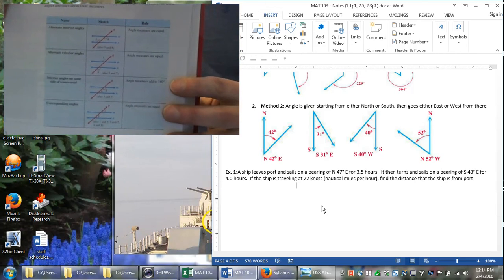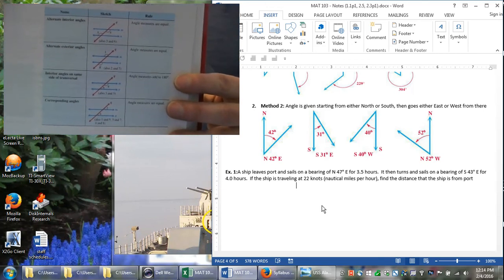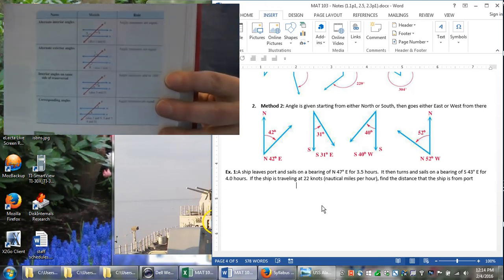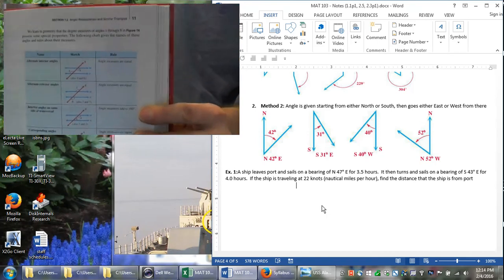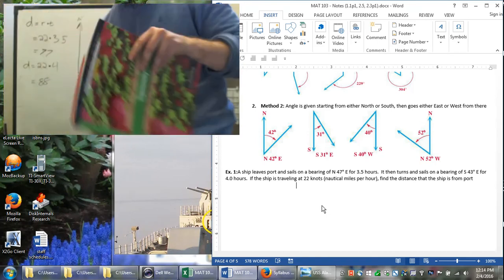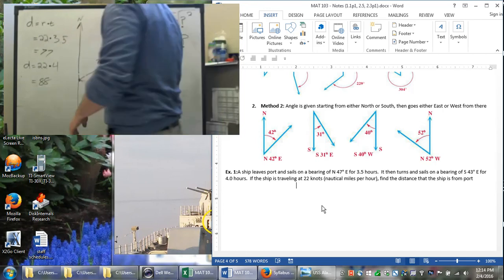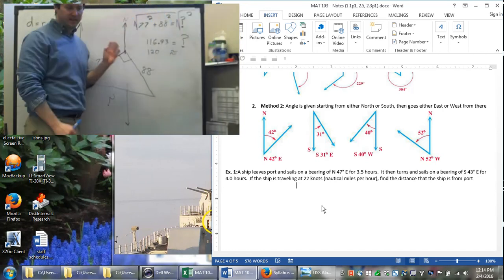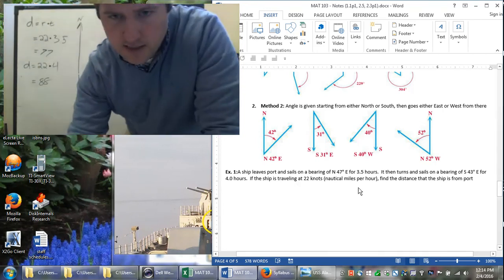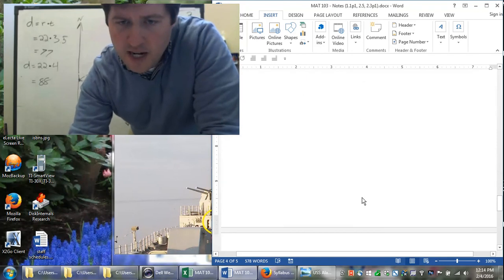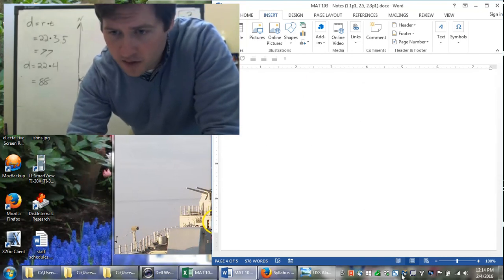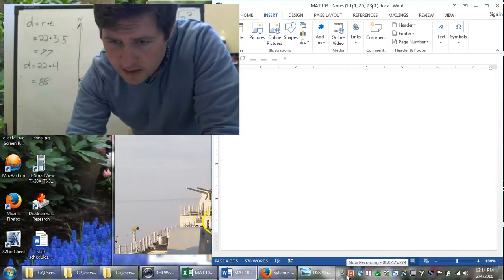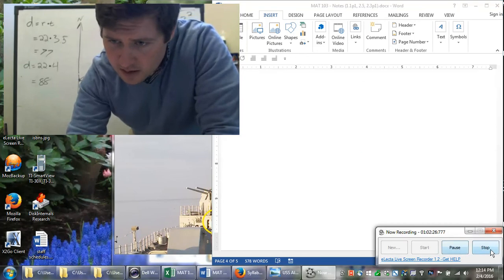So we scratch out my line that I don't need. So my 47 plus my 43 gives me my 90-degree angle up in this corner. Okay. So now that I've got this, it's a simple problem. I've got my right triangle where this is the 90-degree angle, meaning this is the hypotenuse.